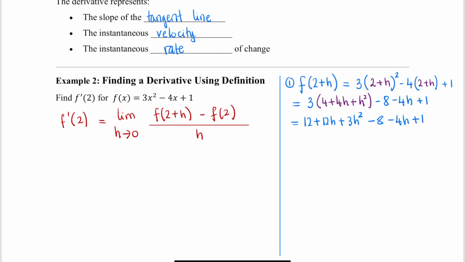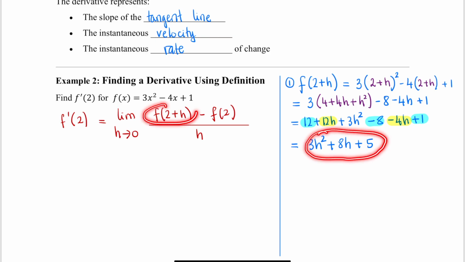Then now we'll combine like terms. 12h minus 4h is 8h. 12 minus 8 plus 1 is 5. f of 2 plus h equals 3h squared plus 8h plus 5, and I substitute it into the formula.